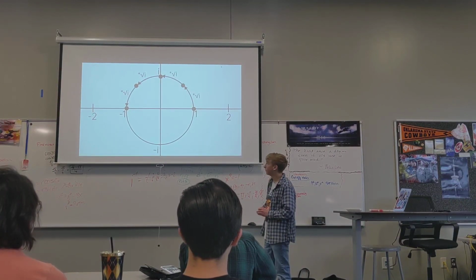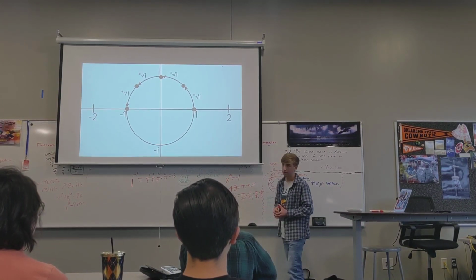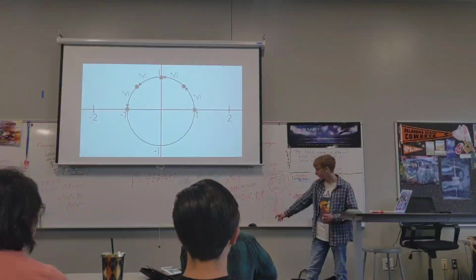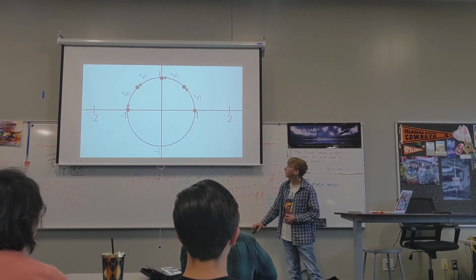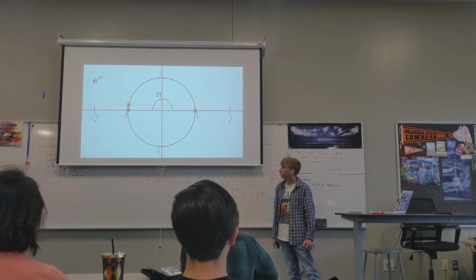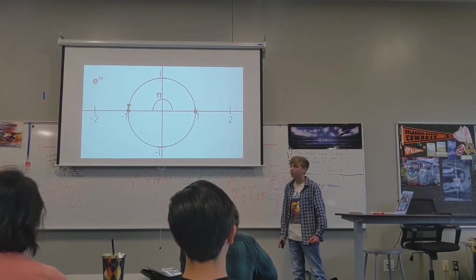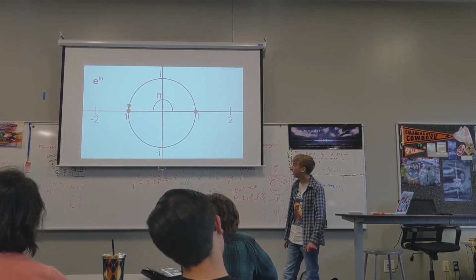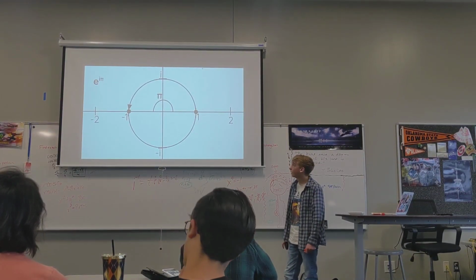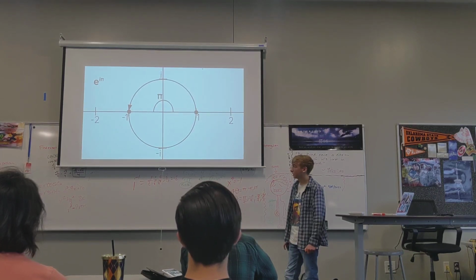And so all of them, when raised to the power of 4, will give us negative 1. And so bringing back e to the power of i pi, it basically just tells it to rotate pi radians along the complex axis to give us negative 1.